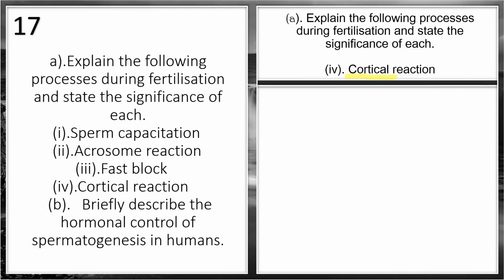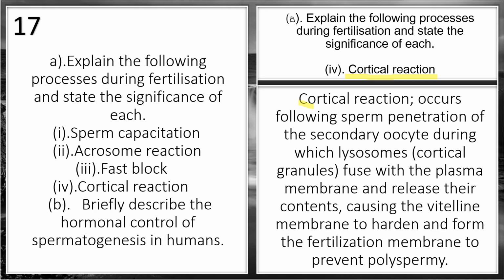Let's look at the cortical reaction. Cortical reaction occurs following the sperm penetration of the secondary oocyte, during which lysosomes, which are the cortical granules, fuse with the plasma membrane and release their contents, causing the vitelline membrane to harden and form the fertilization membrane to prevent polyspermy.